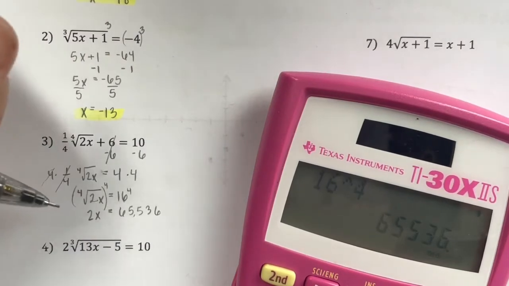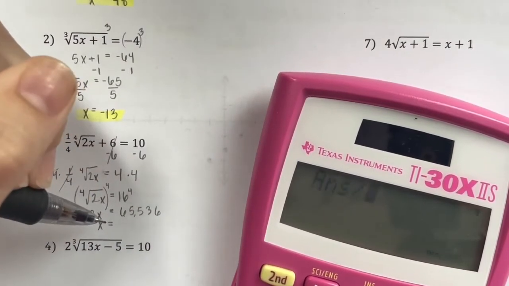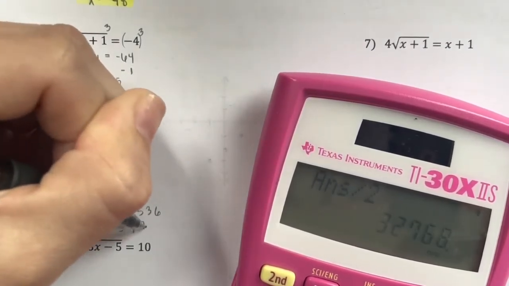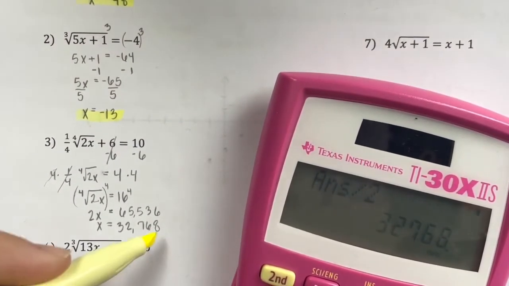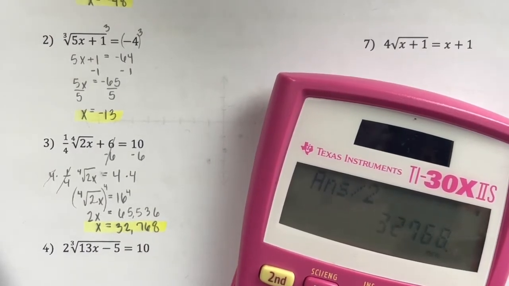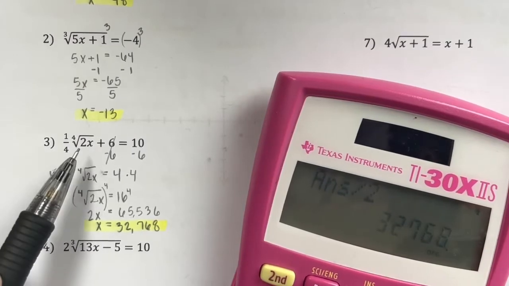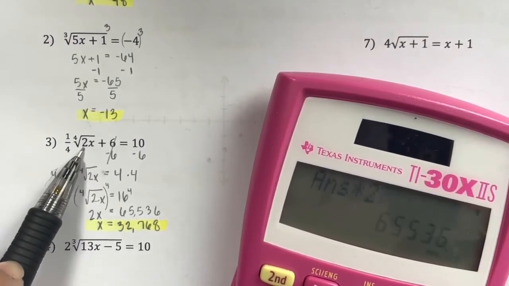And then to solve for x, I need to divide both sides by 2. So 32,768 is our x value. And then this one we can not necessarily check in our head, but we can do some of the work in the calculator. So x was 32,768 times 2 gets me back to 65,536.